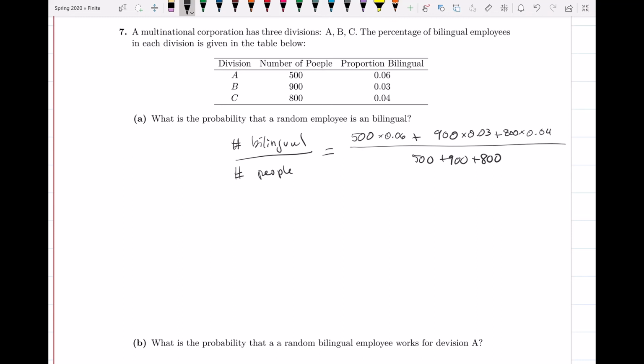Let's see, 500 plus 900 is 1,400, plus 800 is 2,200. So this roughly equals 0.0405, let's say. Okay, so 4.05%.